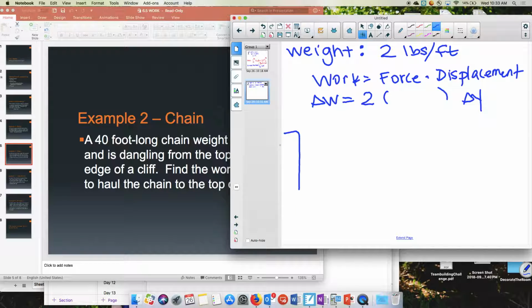Since we have a cliff and we're dangling off, this chain is 40 feet. Now, how could I calculate the displacement at any given moment? The displacement is going to change, but how could I describe it? 40 minus y.